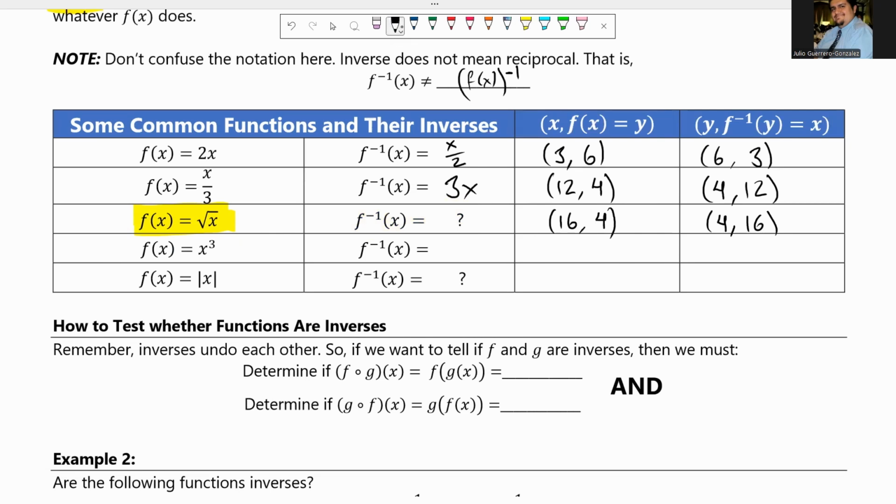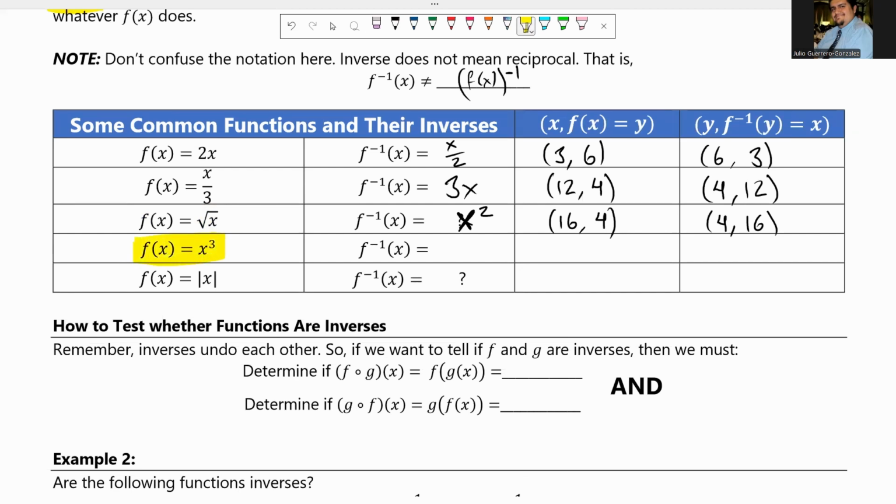And lo and behold, x squared. That does it, and it does it for all the x's. Boom. Moving on. This last one, the square root of x, is a little funky, and I'll cover it in class when we get there. But for now, it does what we need it to do.